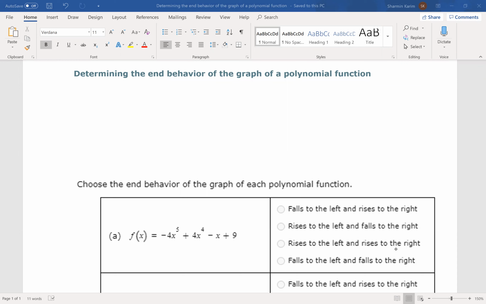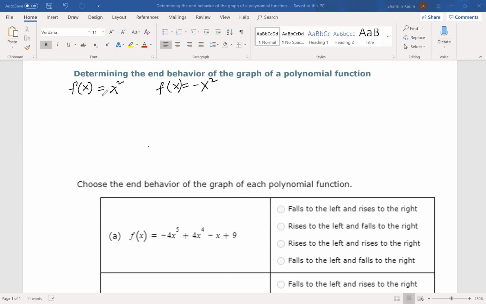So to figure out this one, we need to understand two basic functions. If the function is ax squared, the leading term of a quadratic function, or f of x equals negative x squared.